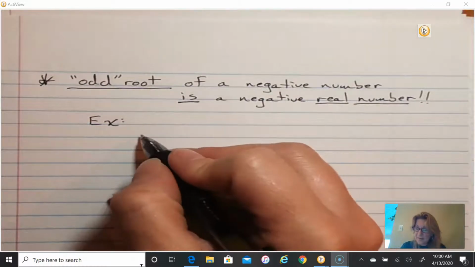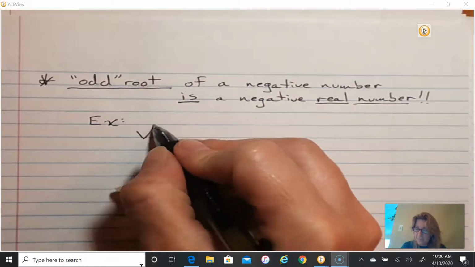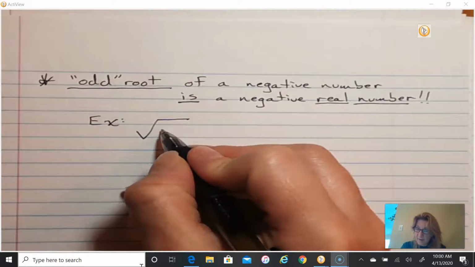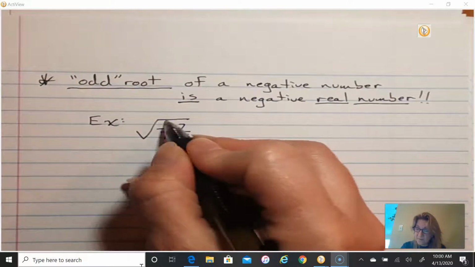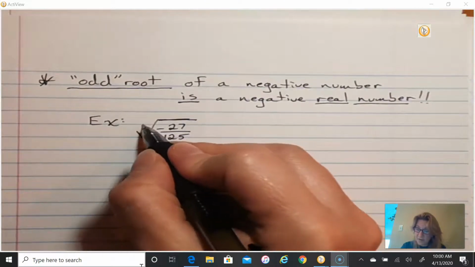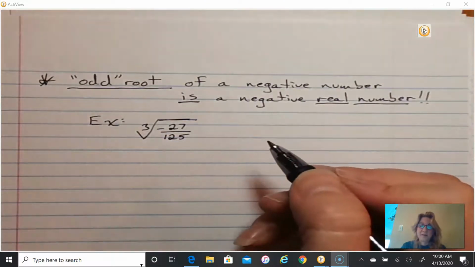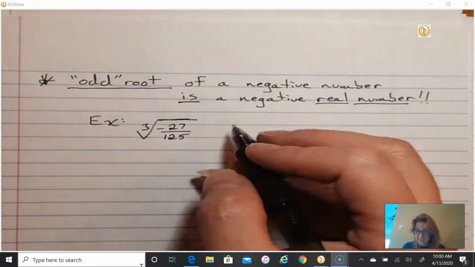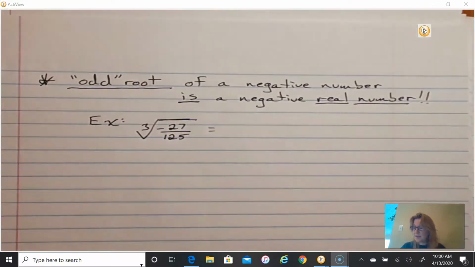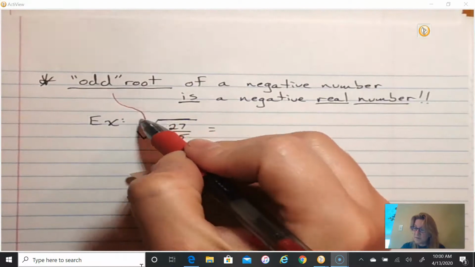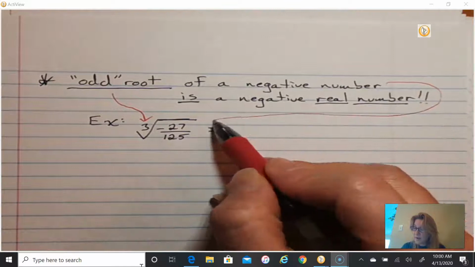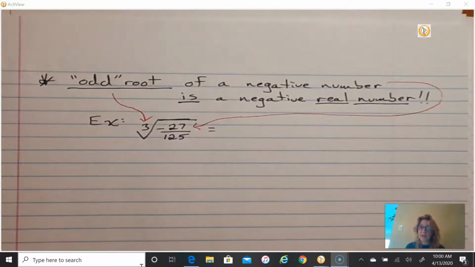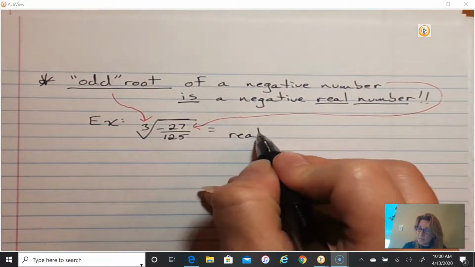Example. Let's say I have the root of negative 27 over 125. And yes, you're going to have ugly ones. That's right, Xavier. You're going to have a fraction. Okay. Here is your odd root. And here we have a negative radicand. Okay? That is a real number.